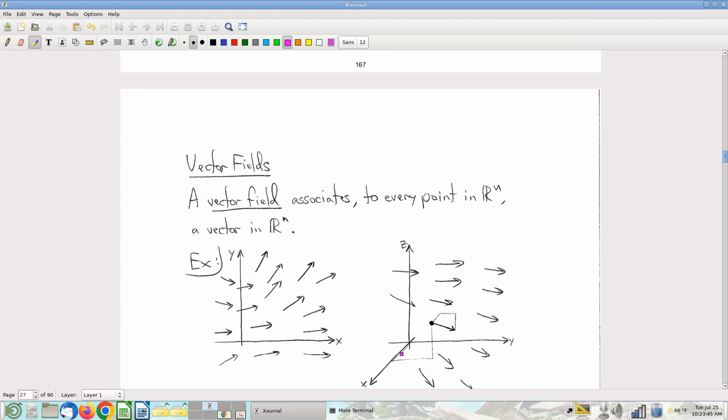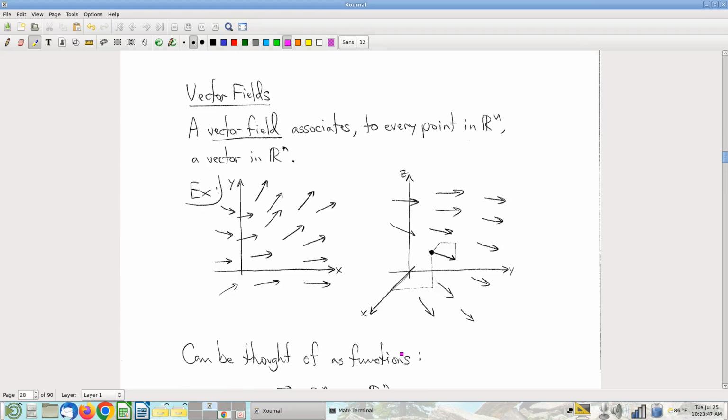Okay, moving along. So we're jumping into chapter 15 now. Chapter 15 is, to me, the most fun part of the course because there are so many ideas that fit together in so many unexpected ways. It's really very beautiful.